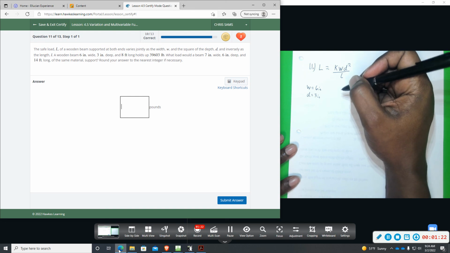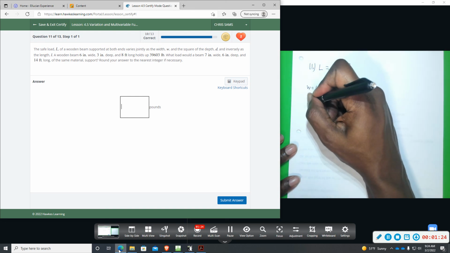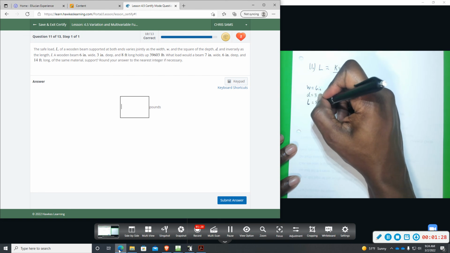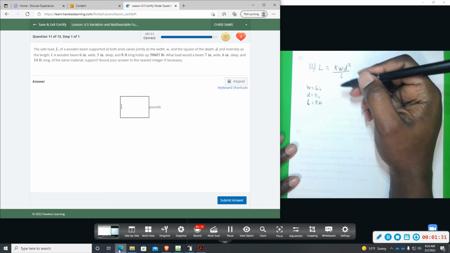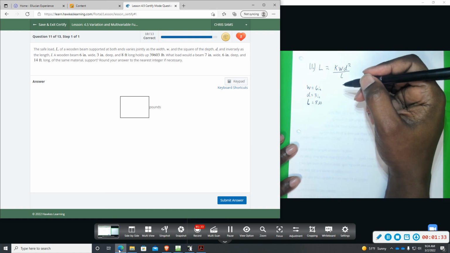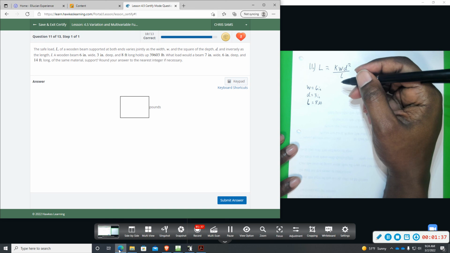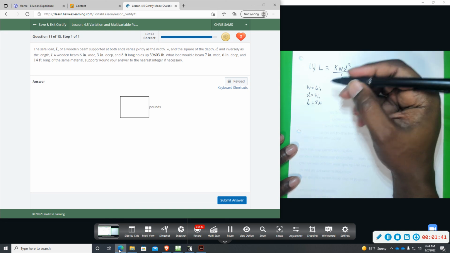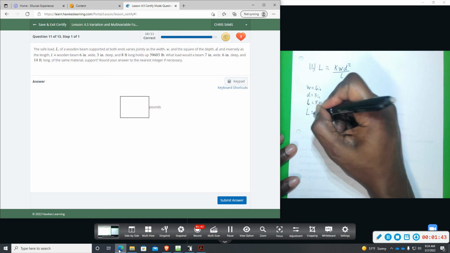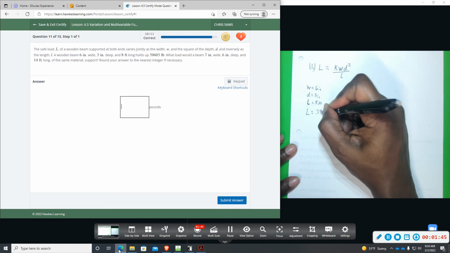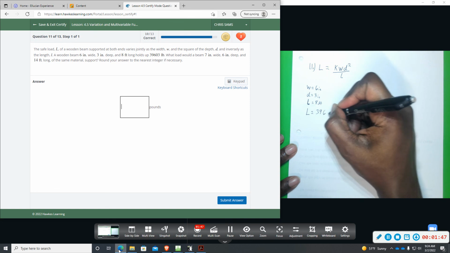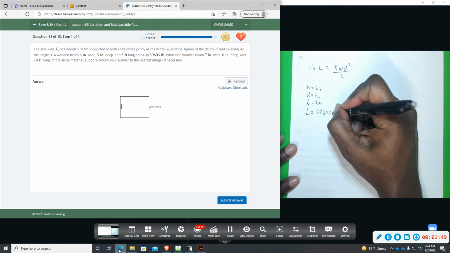So the length, lowercase l, is 8 feet. And then it holds up, and this is the load, 39,603 pounds. So capital L, 39,603 pounds.